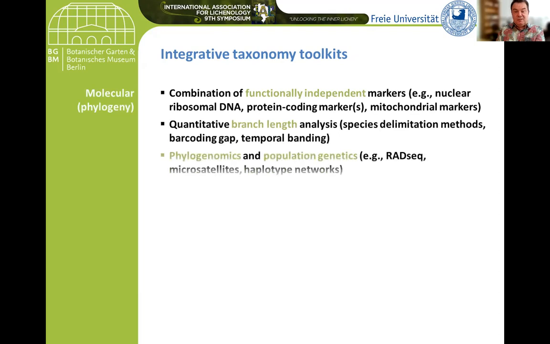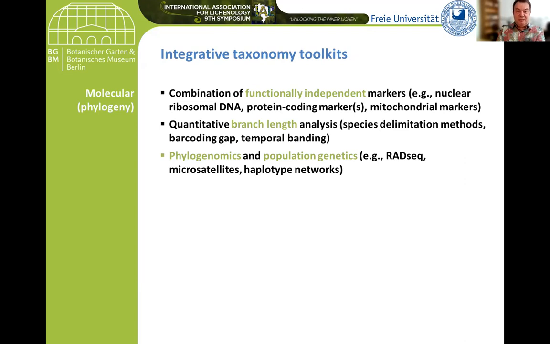For example, of course, in molecular phylogeny, the combination of different markers, which should be functionally independent. So, for example, nuclear versus mitochondrial markers, ribosomal DNA versus protein coding markers. And of course, now in many areas we go into phylogenomics. What is also important is quantitative branch length analysis.